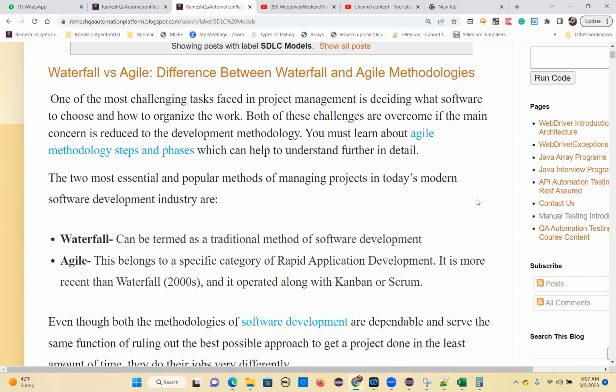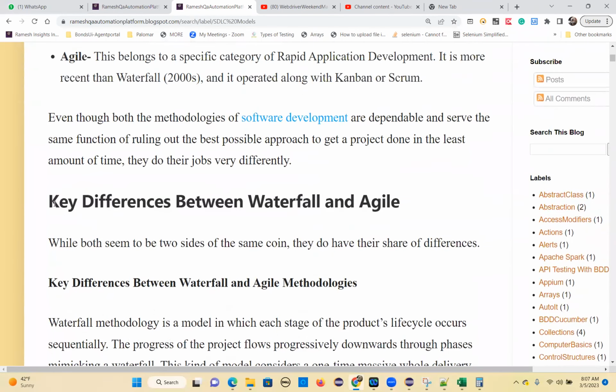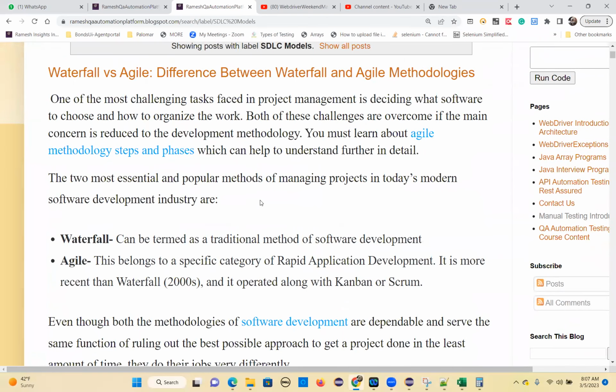Even in the FAQs I covered it very nicely, but you can see the key differences. We'll go through them one by one. So what is the waterfall model? What is agile methodology? You should be aware of this.